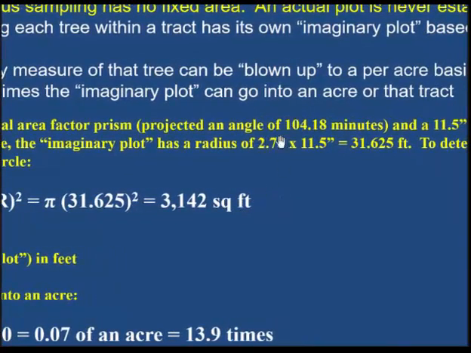Right, that's our plot radius factor associated with that angle. And therefore, with that 10 BAF, you take that plot radius factor, 2.75, times the DBH, which is 11.5 inches, and that gives us a plot radius of 31.625 feet.